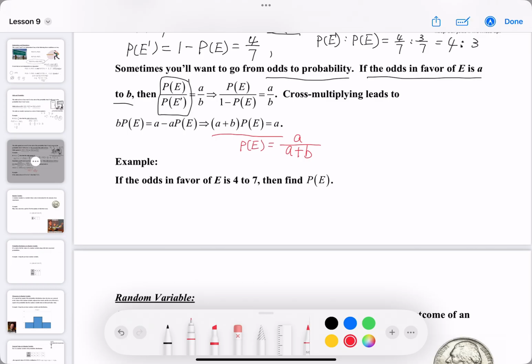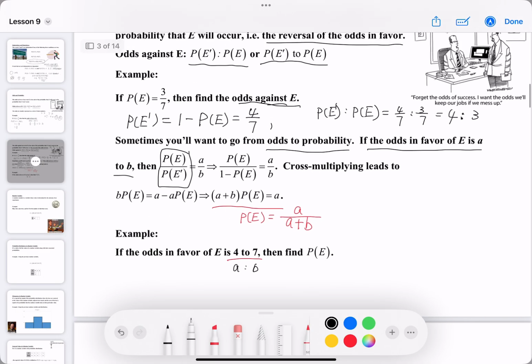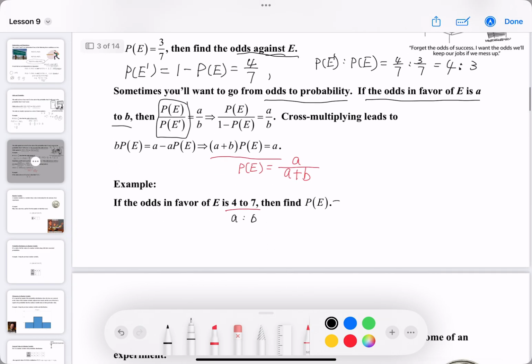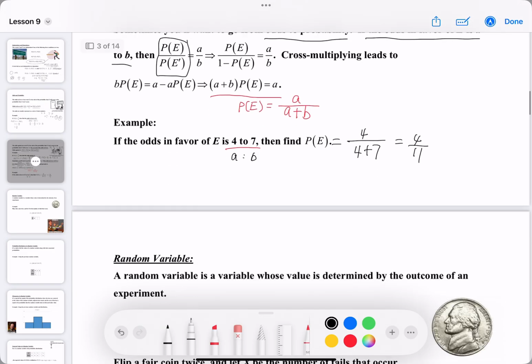For example, odds in favor is 4 to 7, A to B, and then find the P of E. So P of E, we already did the formula. If A and B are given, A divided by A plus B, so 4 divided by 4 plus 7, it is 4 over 11.